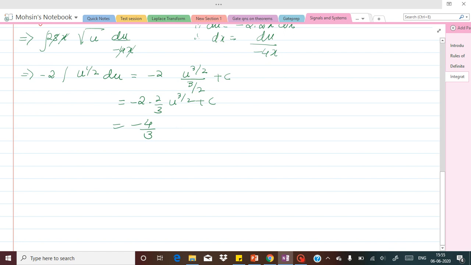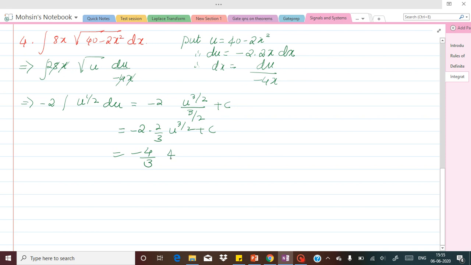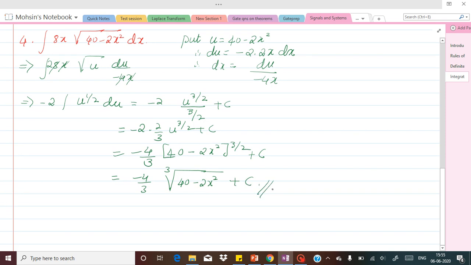So u was substituted as 40 minus 2x square, so 40 minus 2x square whole raised to 3 by 2 plus c, or also you can try to write that in the square root form, so under the square root 40 minus 2x square, plus c.